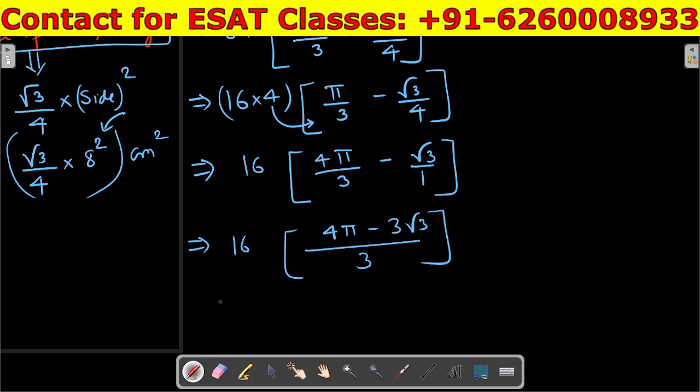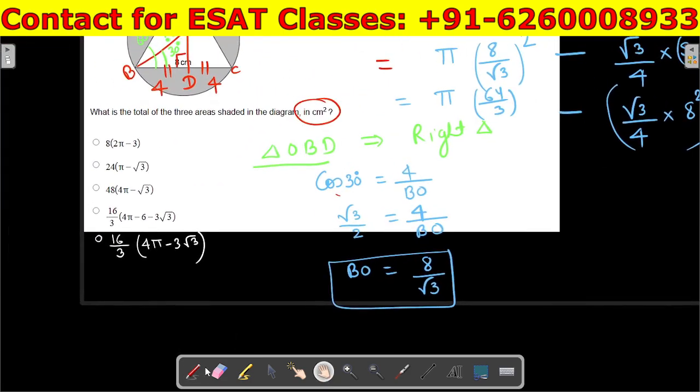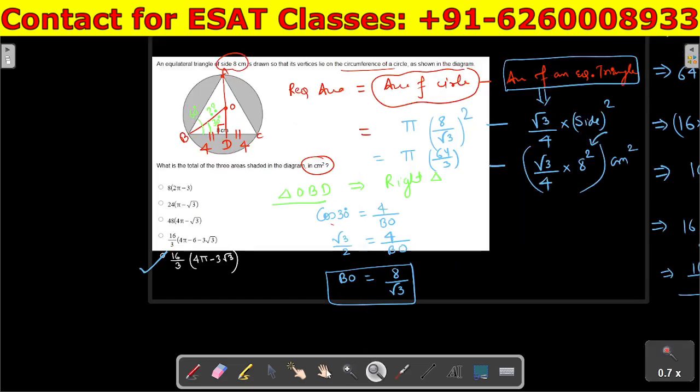Now you can take 3 outside. You can write it 16 upon 3, and this will be 4 pi minus 3 root 3. So this should be our answer. Let's check the options. I have written the fourth option by hand, right? So this is the correct answer.